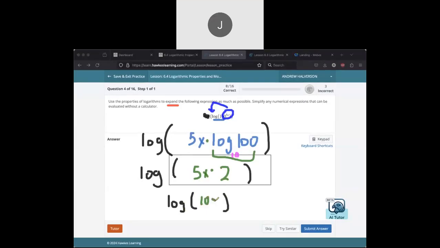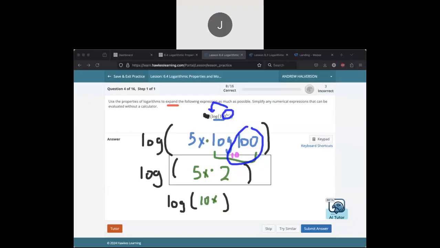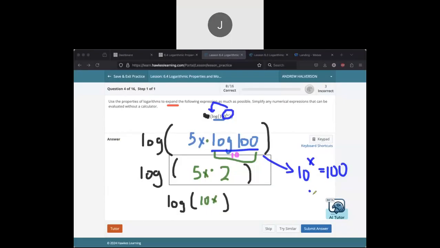It doesn't have to say log of 2, because 10 squared is 100, that got rid of the log. Remember, this part translates into 10 to the x equals, the translation to exponentials. That's how I got that x is 2.